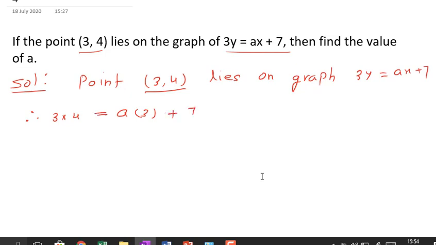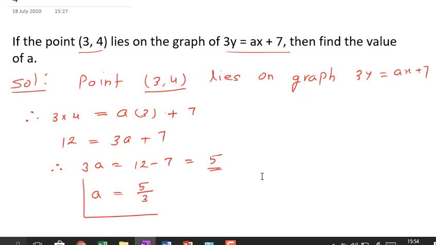Now 3 fours are 12, equal to 3a plus 7. Therefore 3a equals 12 minus 7, which is 5. So the value of a is 5 upon 3.